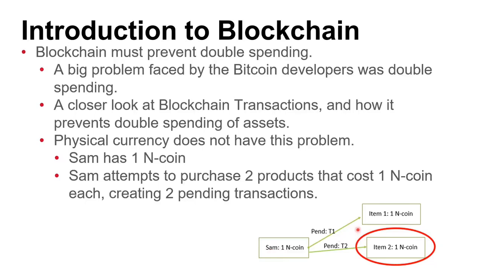And Sam completed 2 transactions with the same coin. Obviously, Sam gives away his one coin to one of these other accounts, so Sam cannot use it twice. One of these transactions, most likely this one here, would then be declined.